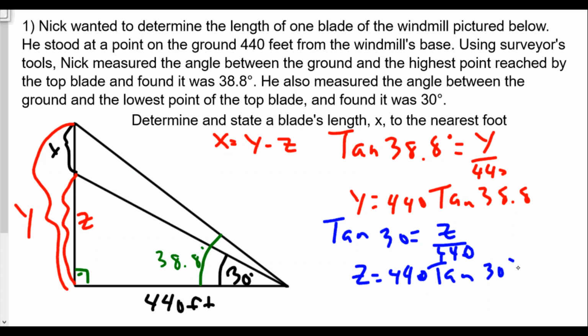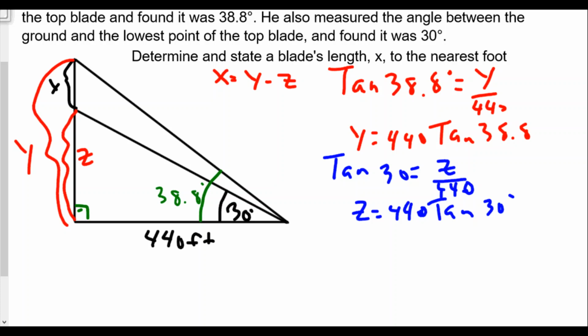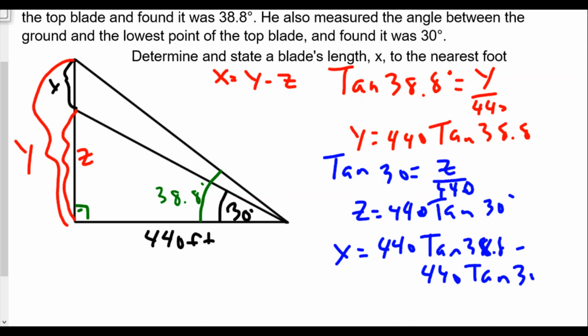So now we are going to calculate the value of x, and x is y minus z. So x is equal to 440 tan of 38.8 minus 440 tan of 30 degrees.